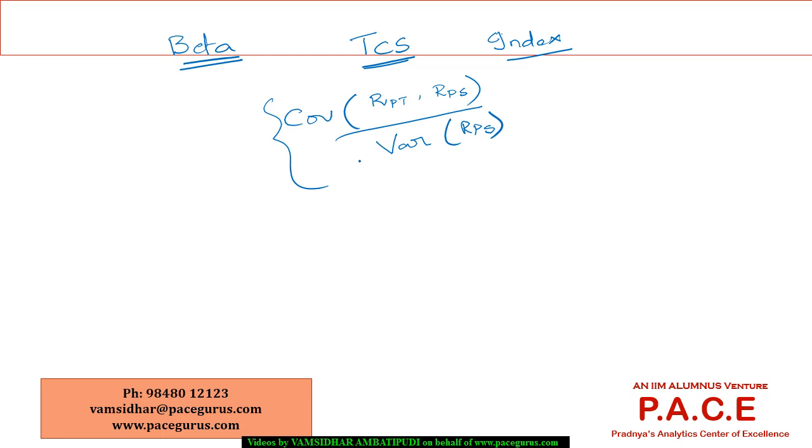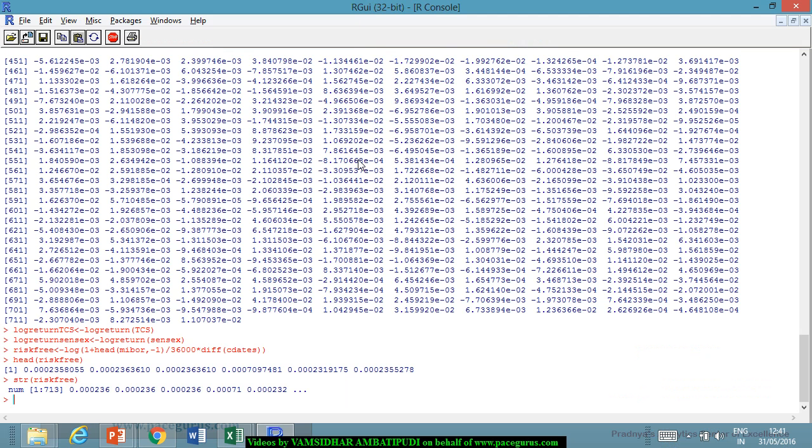The same logic, I can go with beta TCS. That's the name, let me save it. I'm calling it the covariance between the log returns of TCS, we have already got log return TCS, minus the risk-free rate of return.